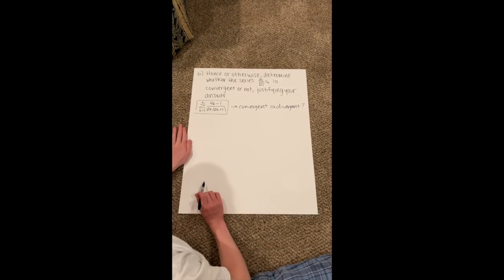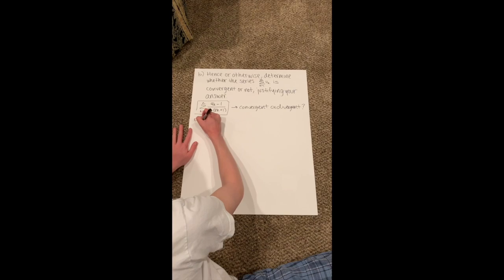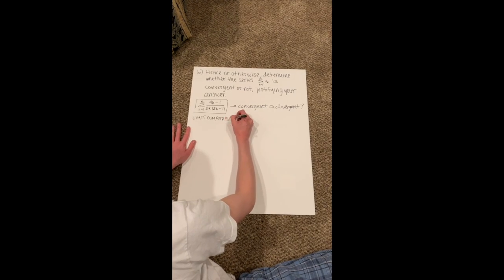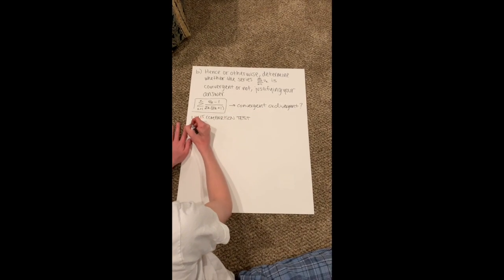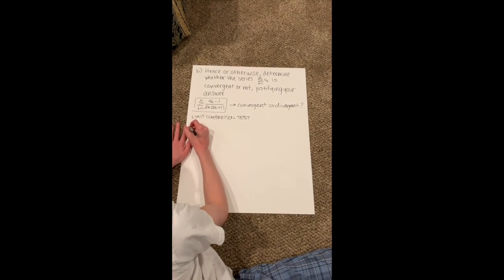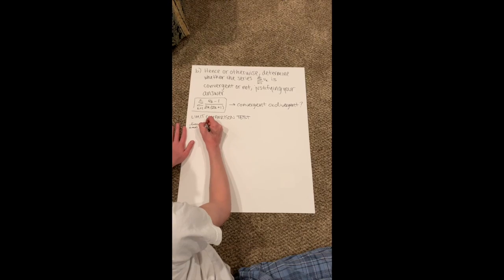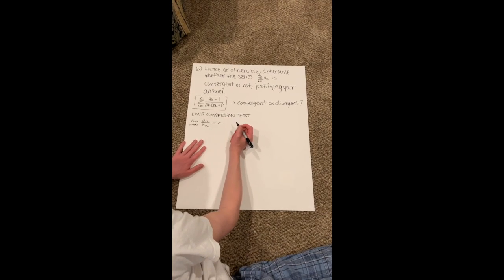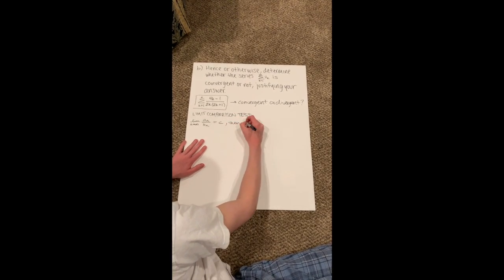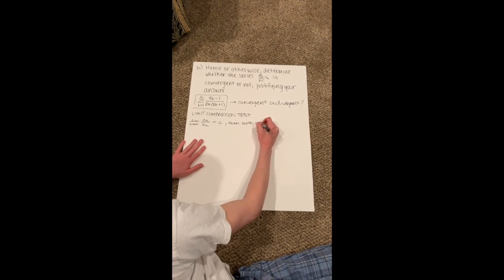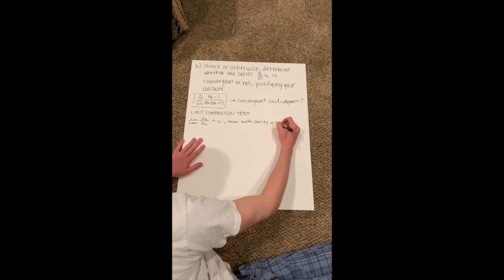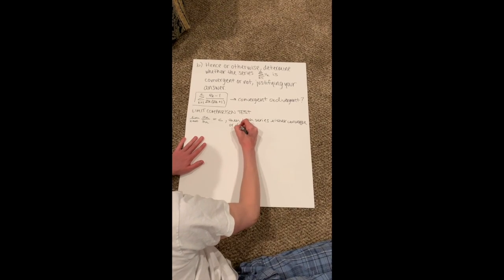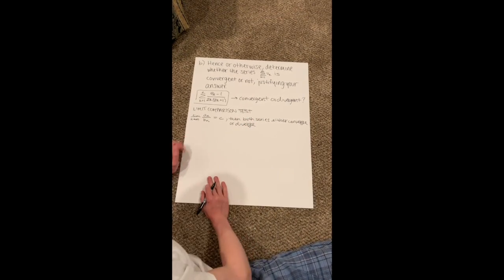The way I'm going to approach this is through the limit comparison test, which states that if the limit as n approaches infinity of one series divided by another series equals a constant c, then both series either converge or diverge.